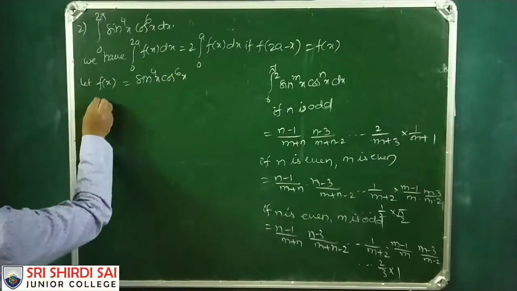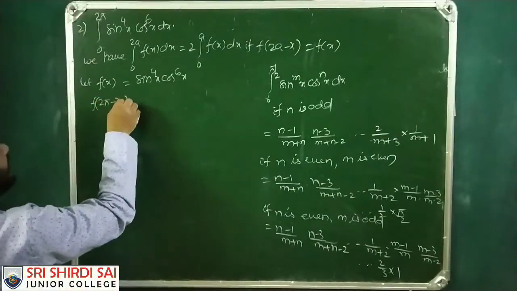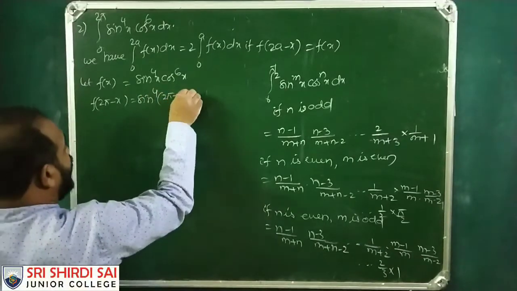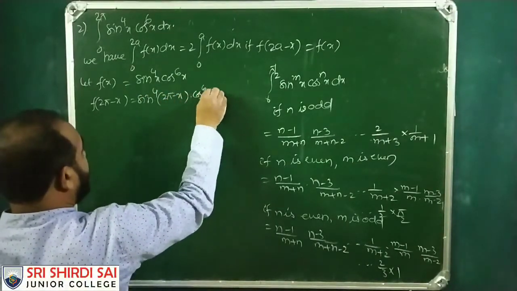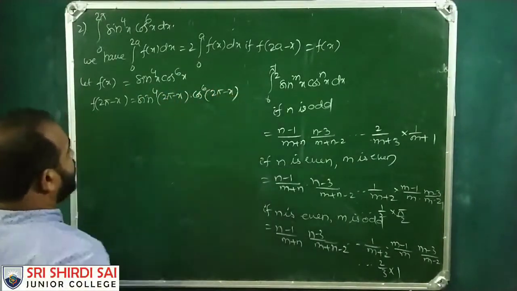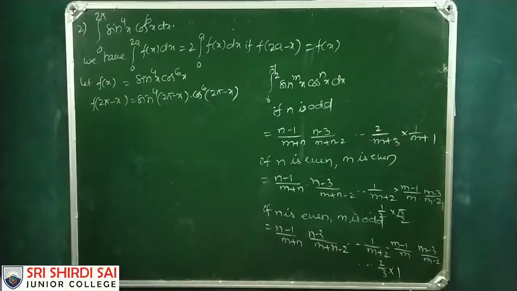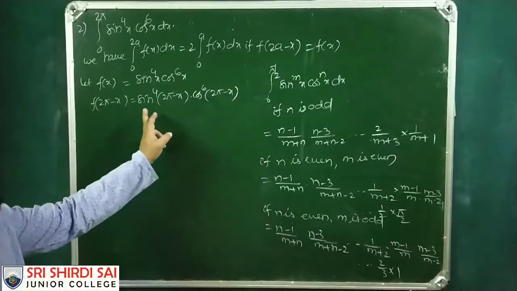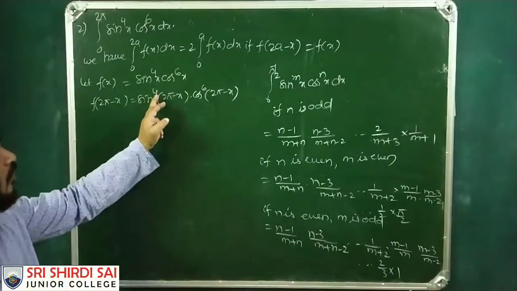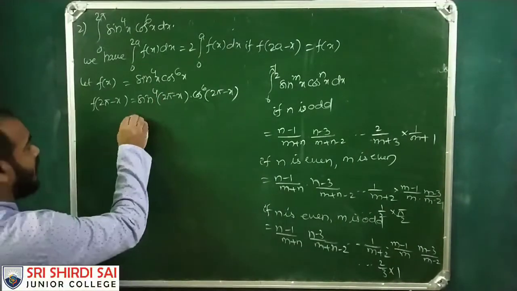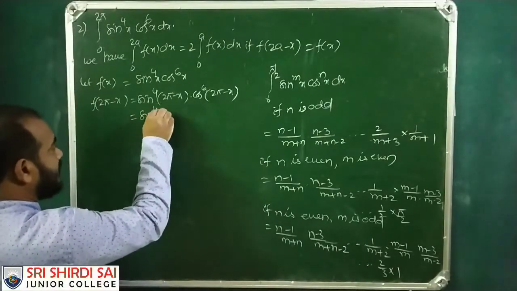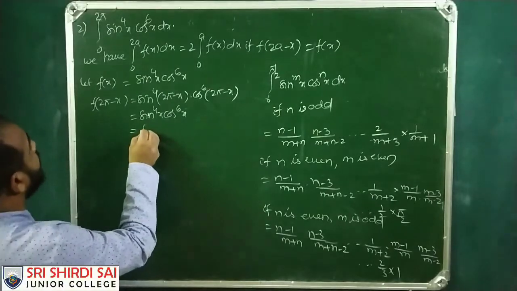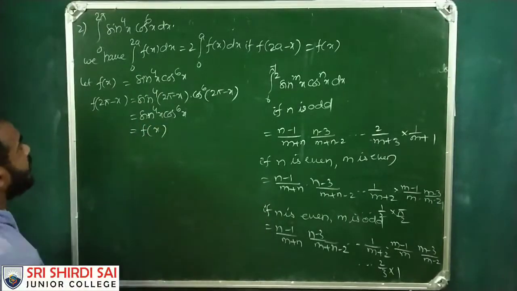So f of 2 pi minus x, 360 minus x, sin power 4, 2 pi minus x, cos power 6, 2 pi minus x. So sin 360 minus x is minus sin x, fourth quadrant, but whole power 4 even power makes it as sin power 4x into cos power 6x. So we get f of x only.